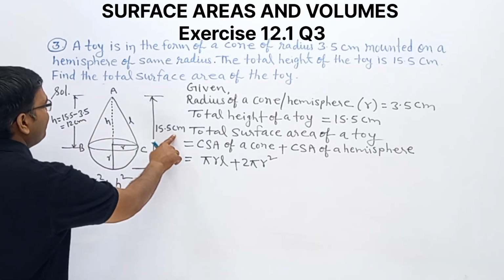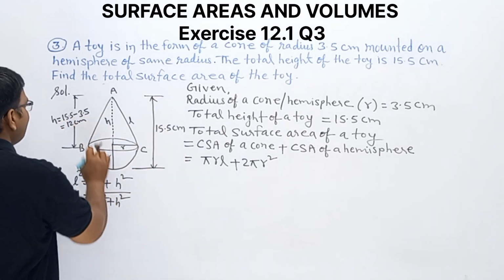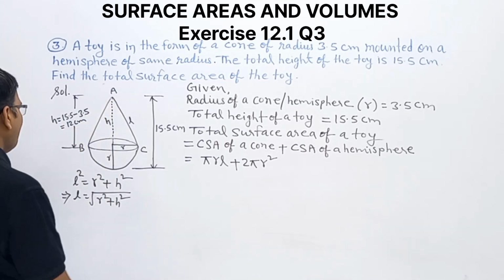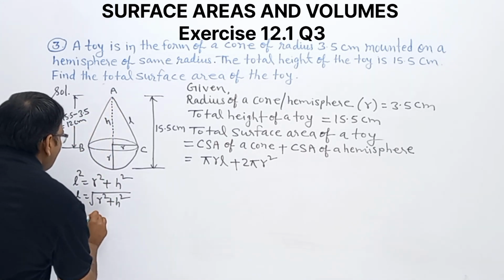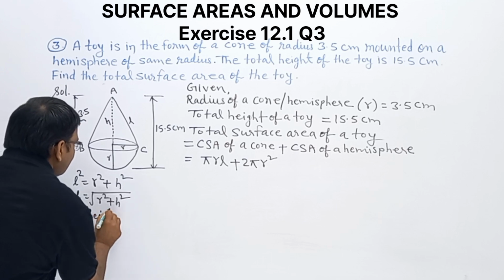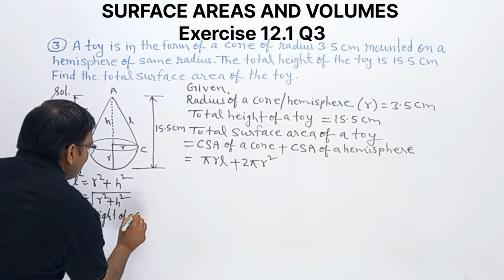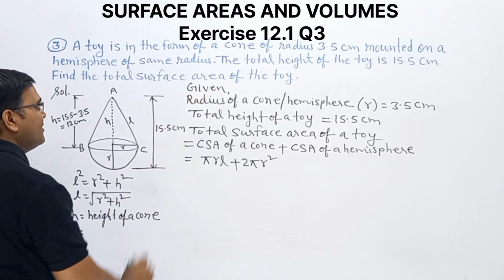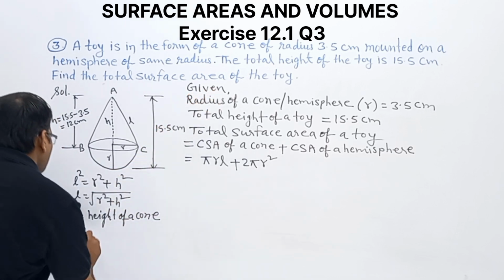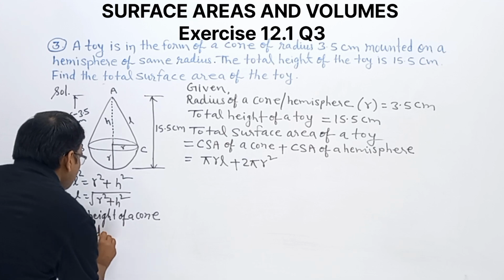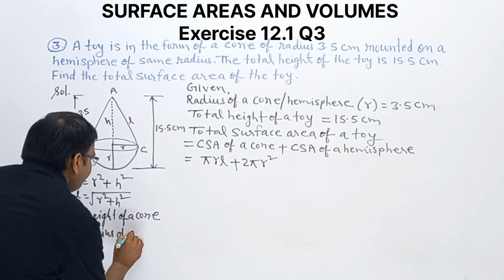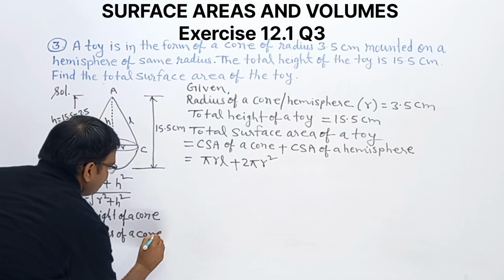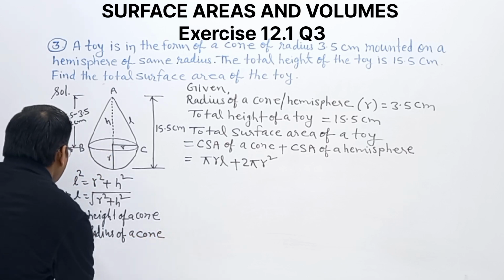So 15.5 centimeter is the total height, minus the radius of the hemisphere, then we get the height of the cone. So h equals the height of the cone, and r is the radius of the cone, and finally l is the slant height.